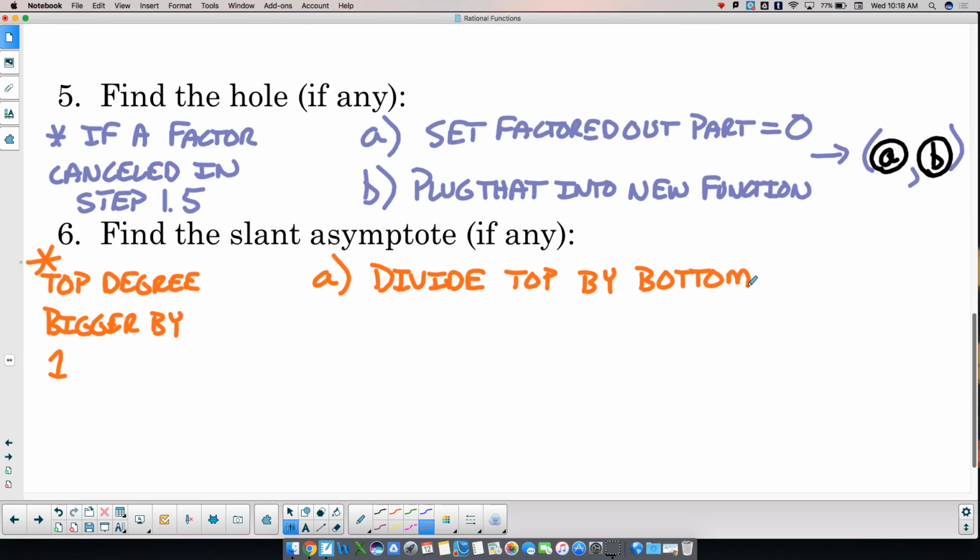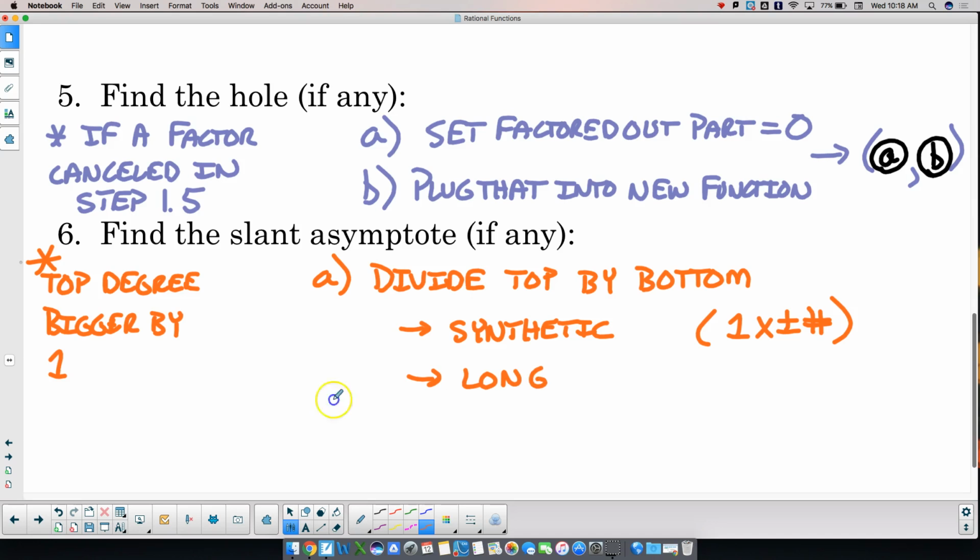So remember, I can use synthetic if my numerator or my denominator is 1x plus or minus some number. That's the only time that I can use synthetic. Otherwise, I've got to use long division. Okay? Then what?